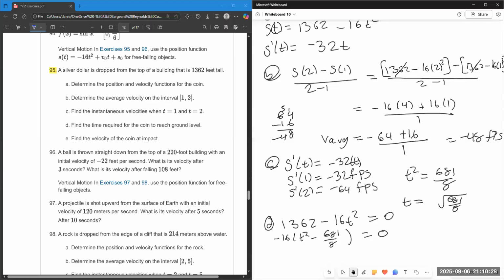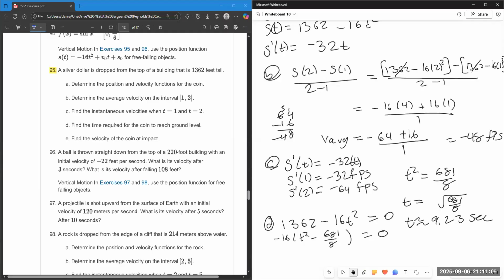And I'm going to get the square root of the answer here is 9.23 seconds approximately. There we go.